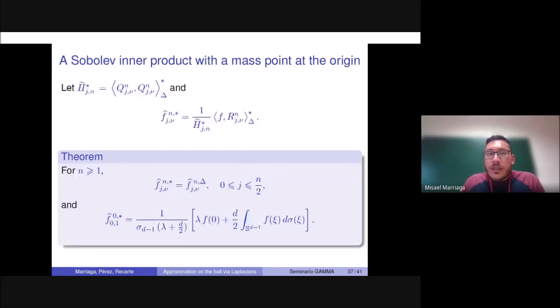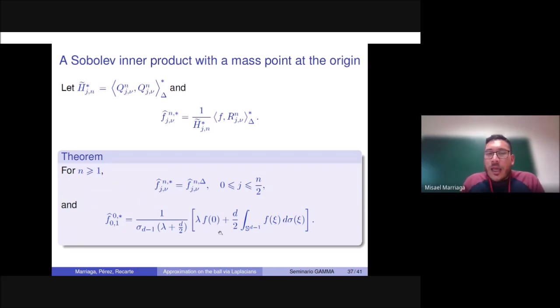Okay, so that means that the previous basis that we have constructed is also orthogonal with respect to this new inner product. Okay, we started looking more closely at the Fourier coefficients. And when n is bigger than 0, then the Fourier coefficients coincide. But for the very first coefficient, the one corresponding to the polynomial of degree 0, the Fourier coefficient is a little bit different, where you can see that the element at the origin has its contribution.